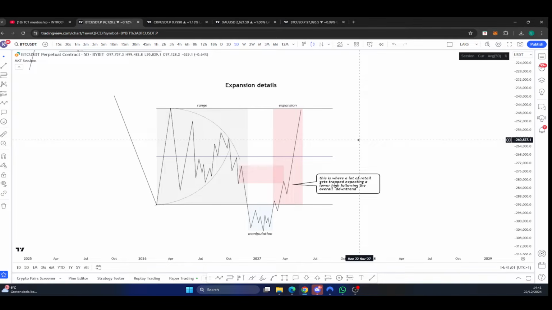Now, a few details regarding the expansion phase itself. I want you to be aware that even though the expansion phase tends to be very aggressive, it is allowed to consolidate, to go up, consolidate, potentially even retrace before continuing higher. It doesn't have to be one straight shot up, okay? You will see scenarios where it is indeed one straight shot up, but it doesn't always have to be that.